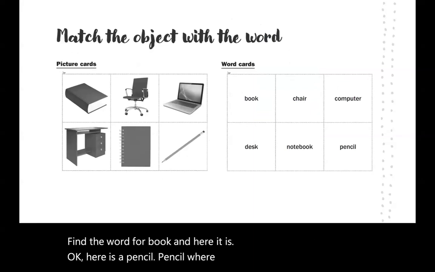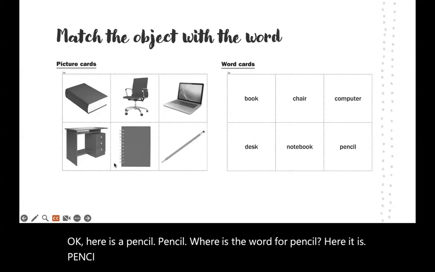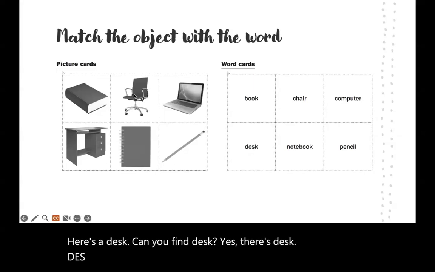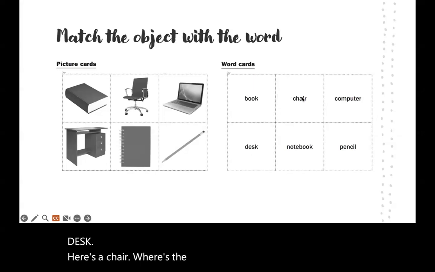Where is the word for pencil? Here it is. Pencil. Here's a desk. Can you find desk? Yes, there's desk. Here's a chair. Where's the word for chair? Here it is, chair.